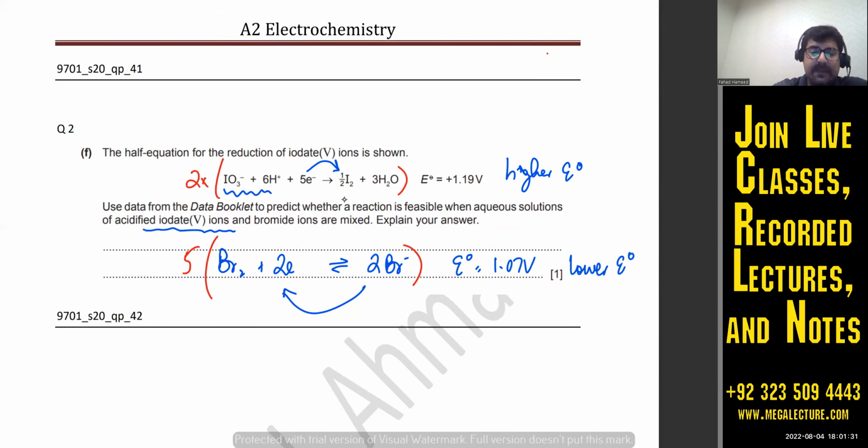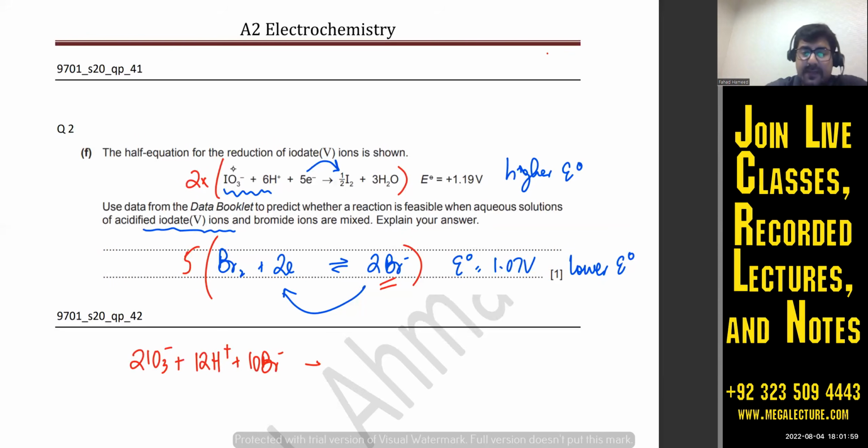Well, it will happen. The bromide ions are the ones that are going to lose electrons, and the iodate ions are the ones that are going to gain electrons, right? But I'll make the equation anyway. Add up the reactants. It's this and this, right? So it's 2IO3 minus plus 12H plus, and at the bottom there's going to be 10Br minus.